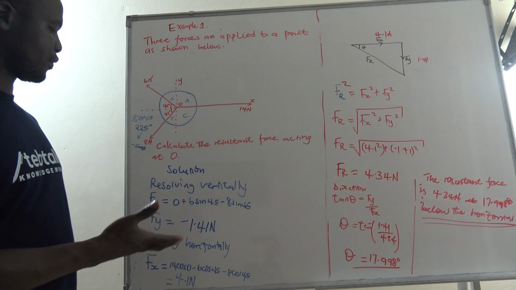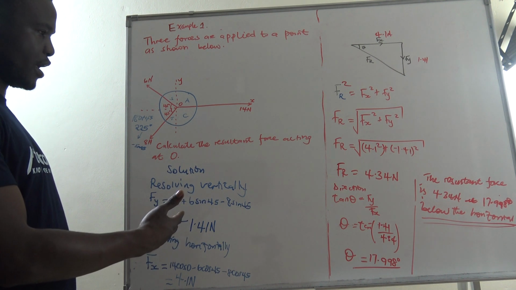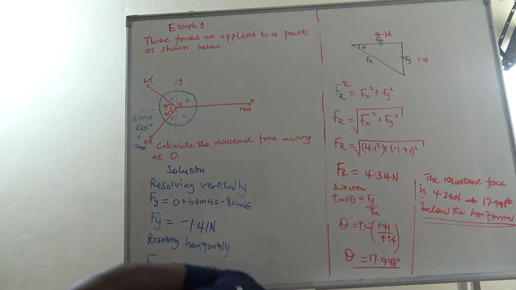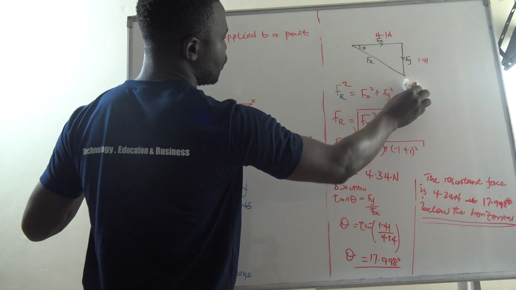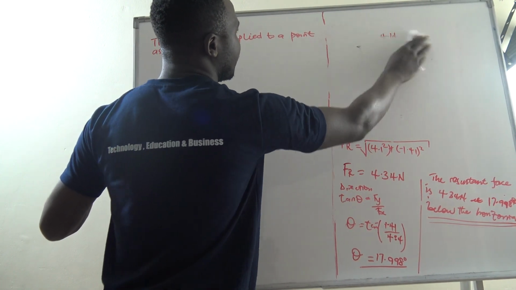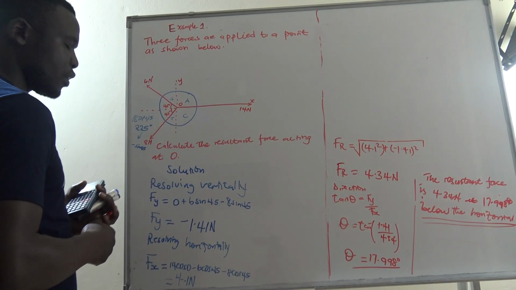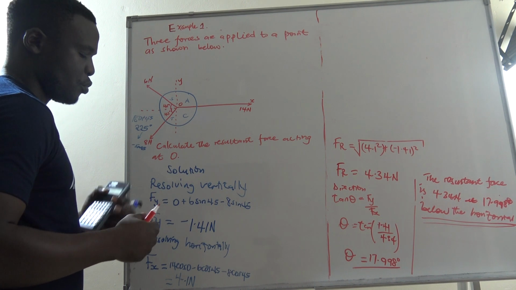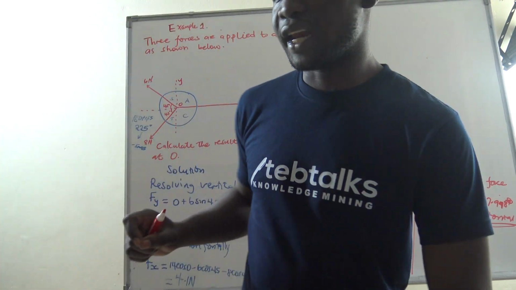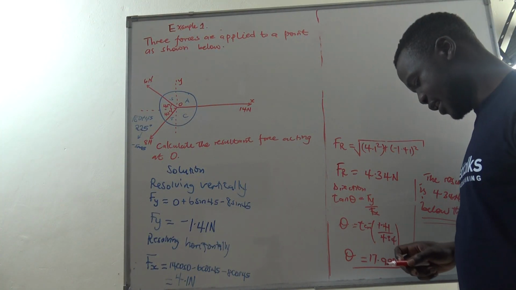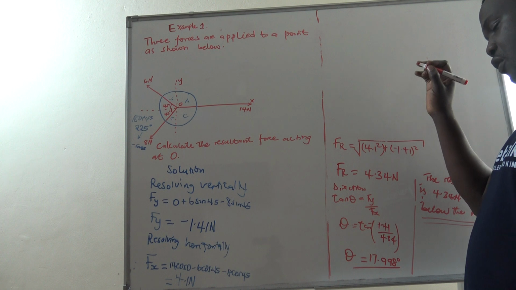This has been one way of resolving, and we have gotten these values. Now I want to show you that there is another way we can resolve and still come up with the same result. Let me rub here and we try that method from here. We found out that when we are resolving vertically, we use sine, and when we are resolving horizontally, we use cos.